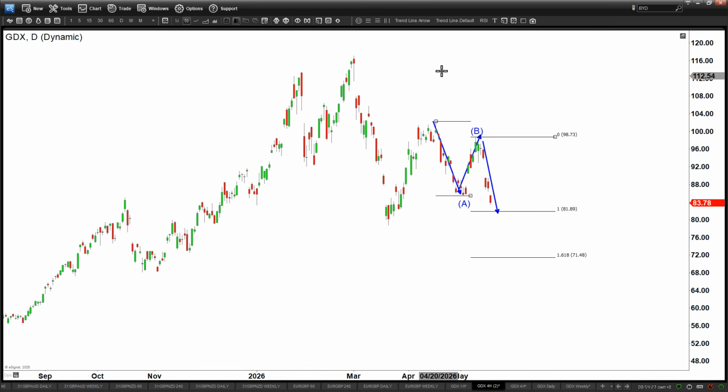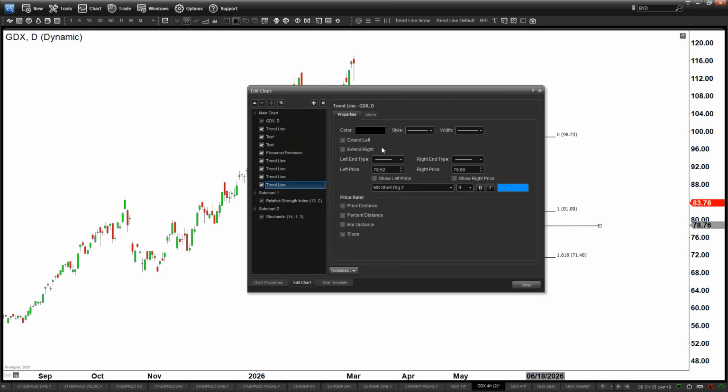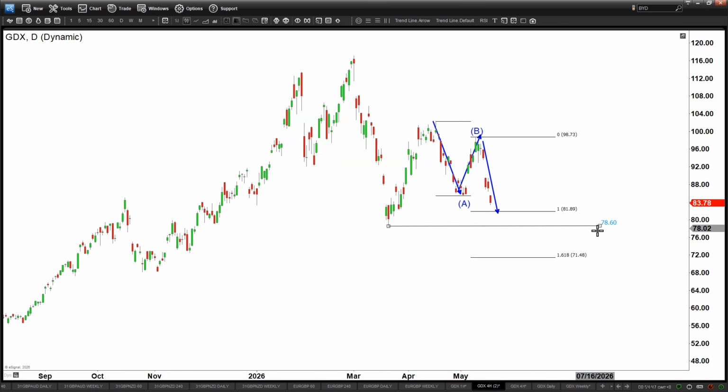And again, since we cannot break below this low, otherwise we will do a bigger correction, then basically you can say the next potential support is going to be between this low around 78.6 and 82. So this is the next area of potential support here, which is getting closer.